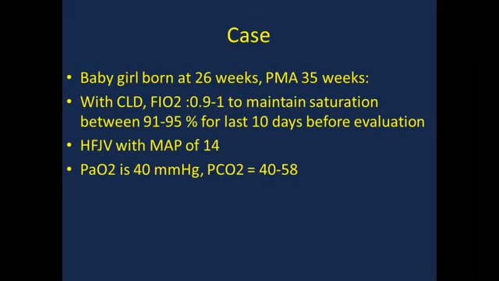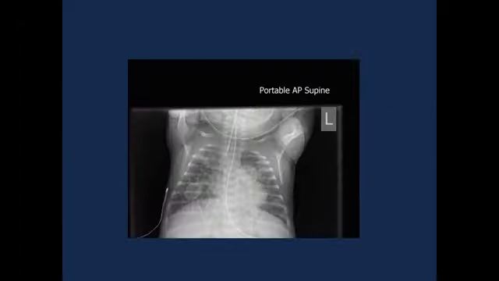Complete washout of the nitrogen, that's one issue, and exposure of the lung to 100% oxygen for more than 10 days. On high frequency jet ventilation, mean airway pressure of 14, partial pressure of oxygen in the arterial blood was 40 millimeters mercury, and partial pressure of carbon dioxide was 40 to 58.